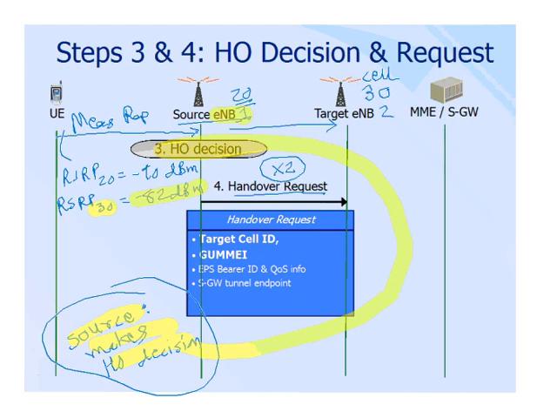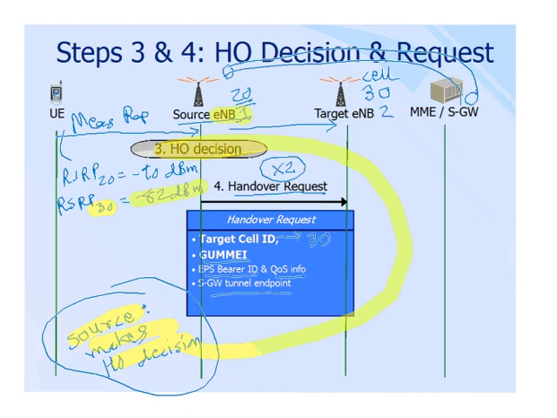And we will identify who the target is, in this case target cell number 30, the identity of the UE, globally unique MME ID, which bearers we have established, what kind of QoS we have been providing to the user, and the S-GW tunnel endpoints, because we have a tunnel between the serving gateway and the E node B, right?